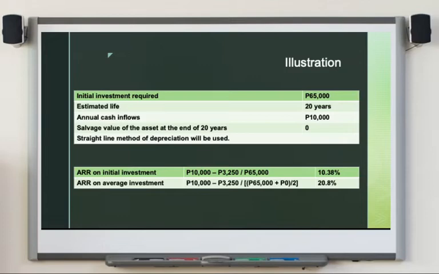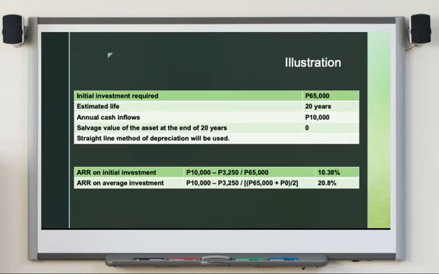However, if we will be using the average investment, we will get 20.8%, which is higher than the minimum rate of return of 15%. So in cases like this, the problem will not give you two different denominators, either initial or average investment.